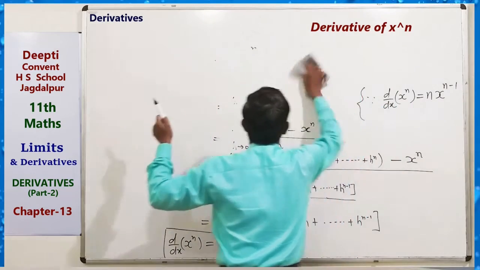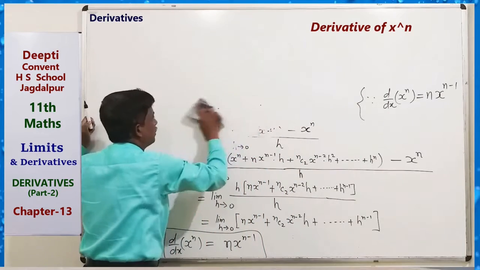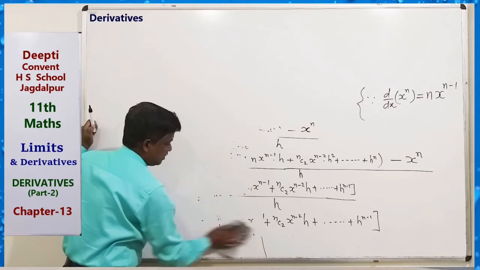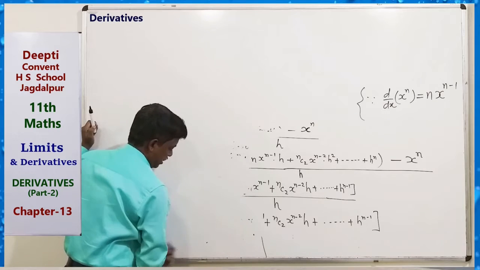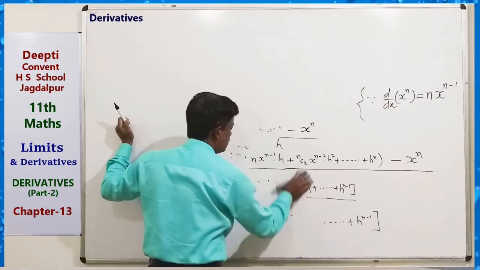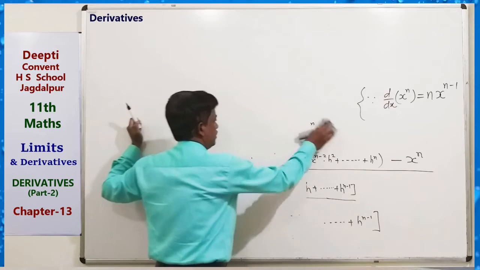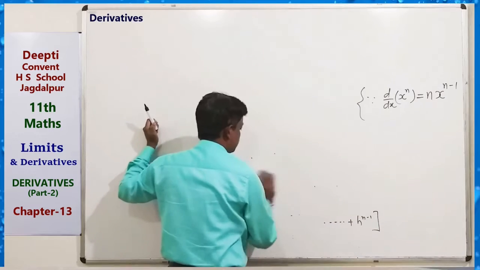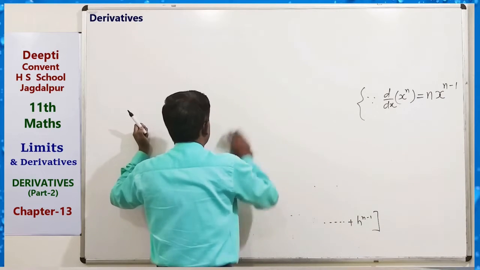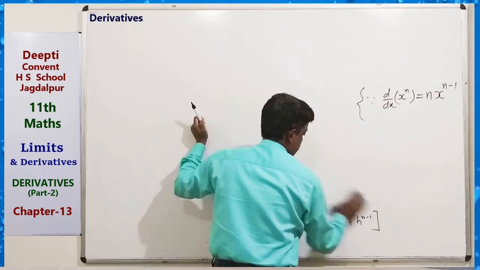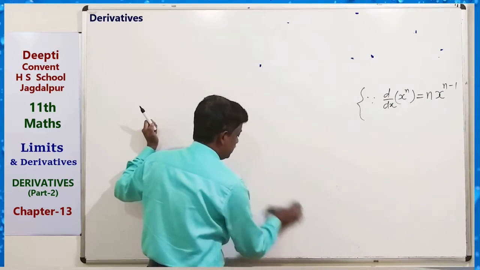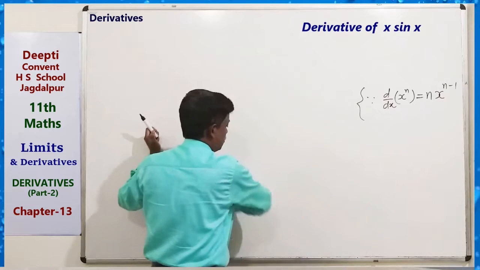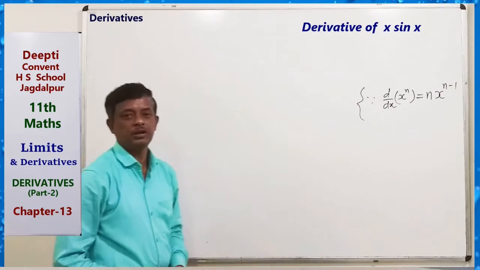Now by using this method we can find the derivative of different types of combinations of functions. So here our particular formula is this. Just for finding the derivative of x sin x by using the product rule. We know the product rule also.